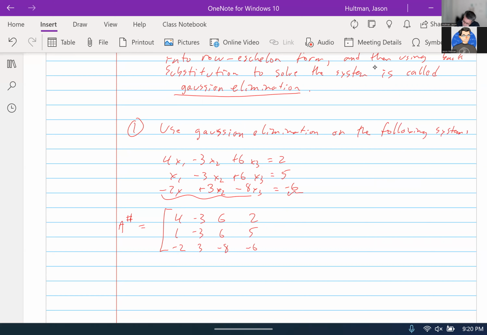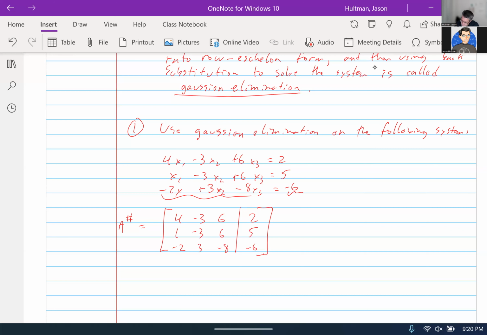And I'm going to augment this matrix by putting a line between the coefficient portion of the matrix and the constant portion of the matrix.